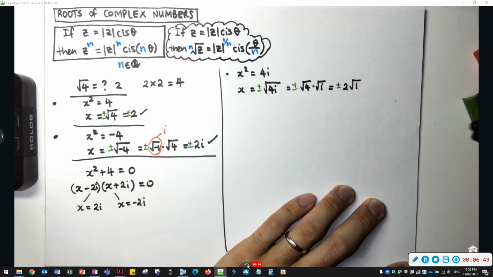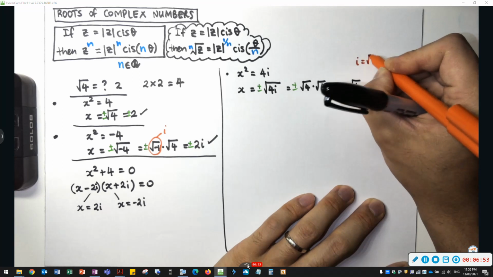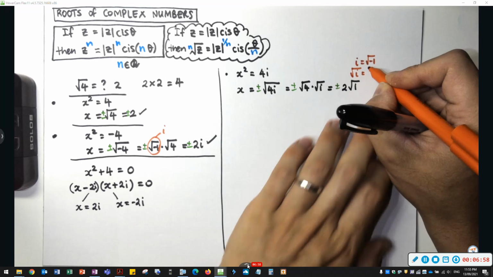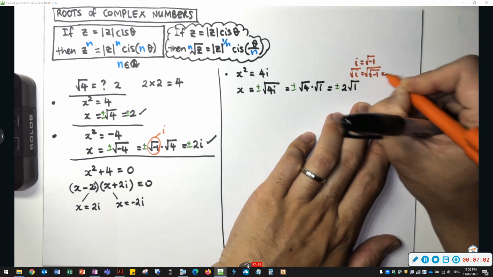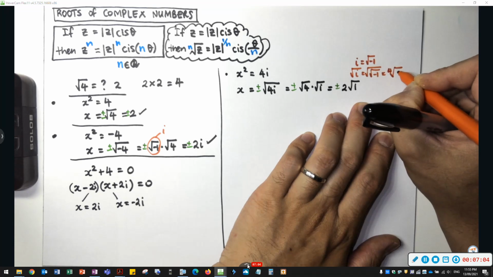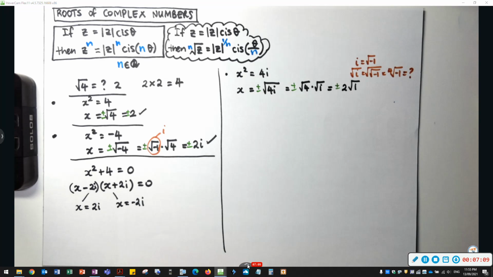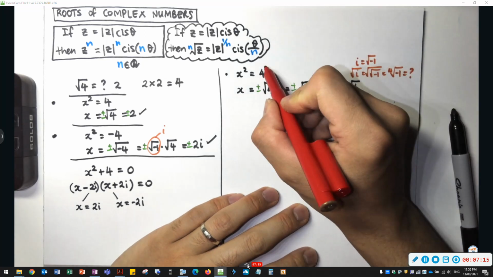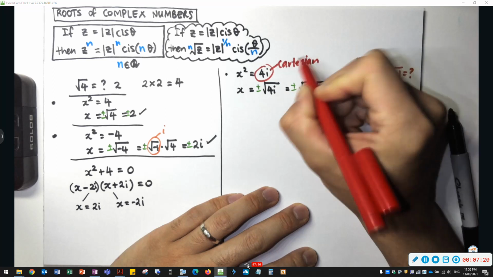Okay, so how do we figure this out? I mean, we know that i equals root of negative 1, so the square root of i must be the square root of the square root of negative 1, which is also known as the fourth root of negative 1. But what is that? How do we figure that out? So the problem here is that we started off writing our complex number in a Cartesian form. Let's use the power of de Moivre's theorem.